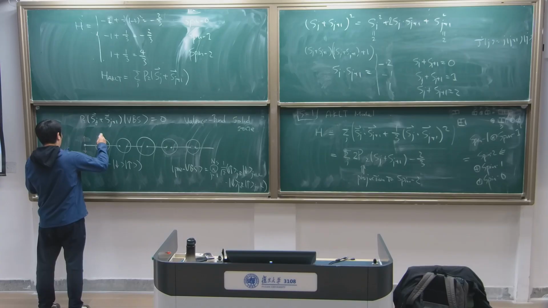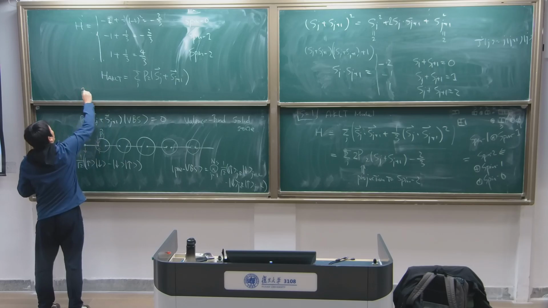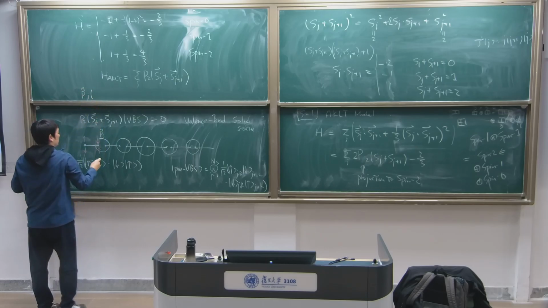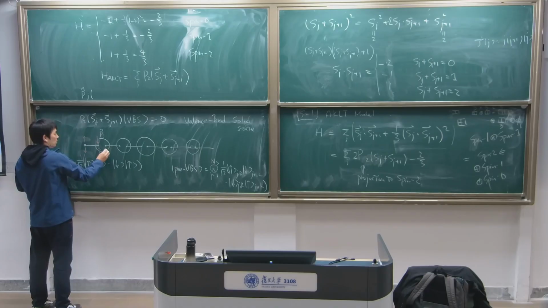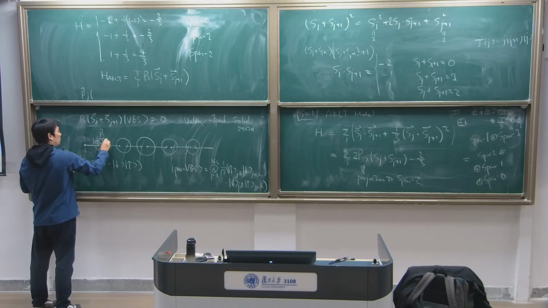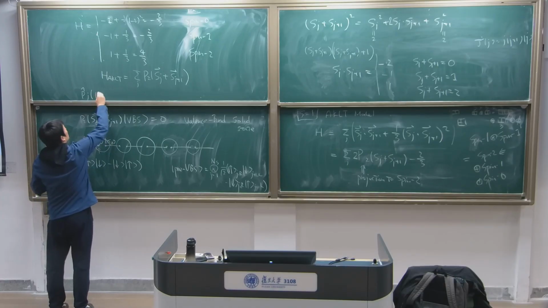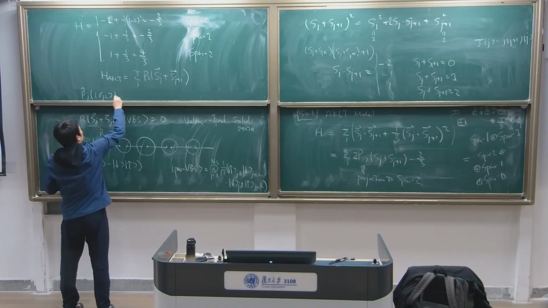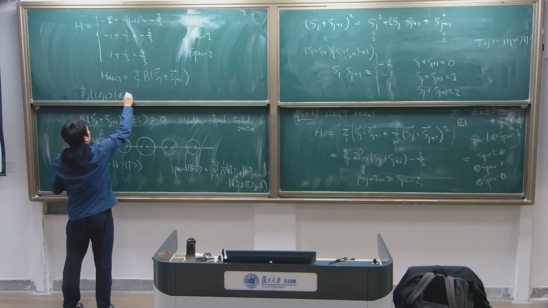So here you just act with the symmetrize operator. Here P hat J acts on, so this is the J operator. So here you have state sigma J left, and this is sigma J right. So you have a sigma J left and then a sigma J right.